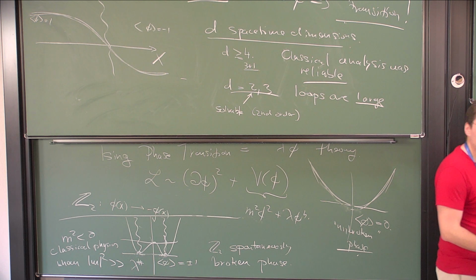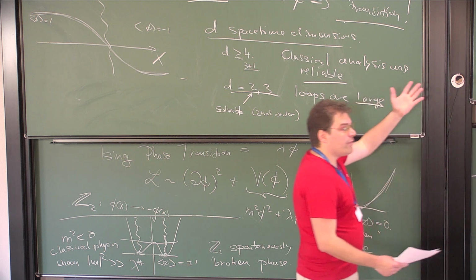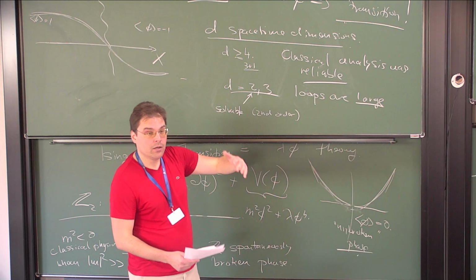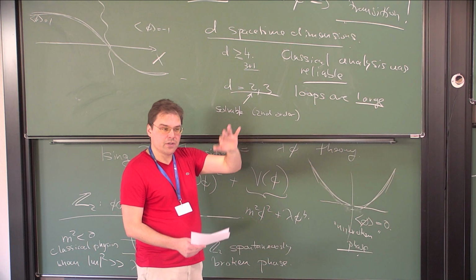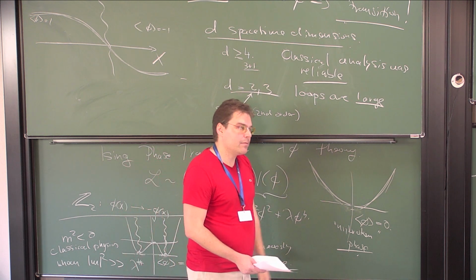It's very elementary, and I'm sure many of you know about it, which is that in the Ising model, both phases were gapped. Only the massless point in between was gapless, but both the large positive m squared phase and the large negative m squared phase were gapped.